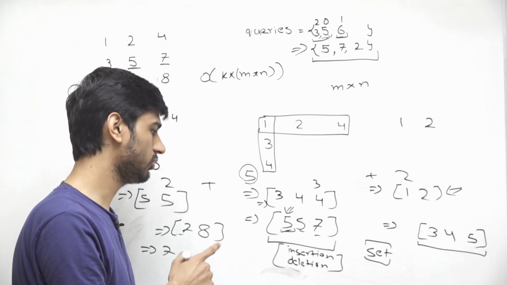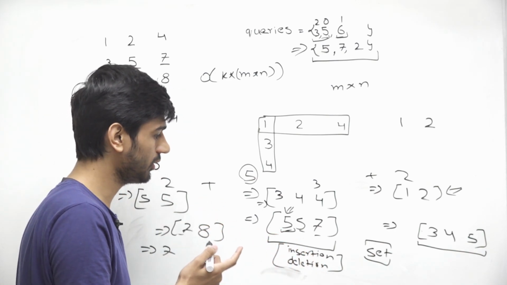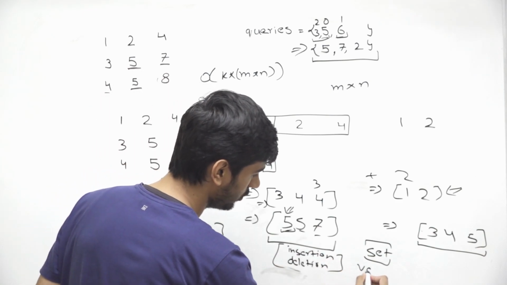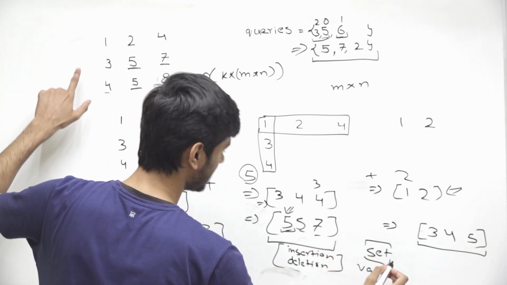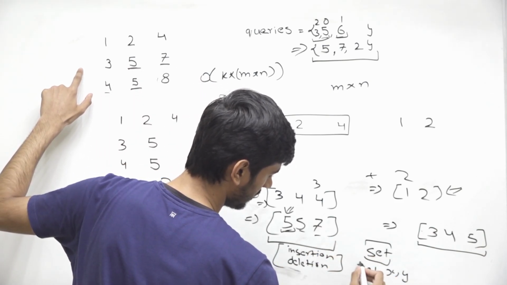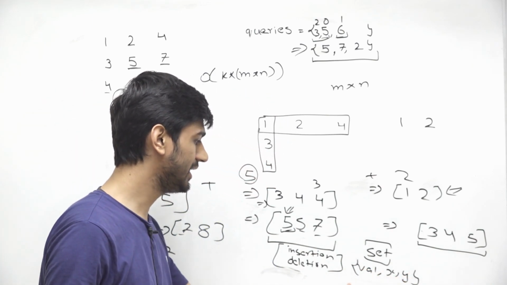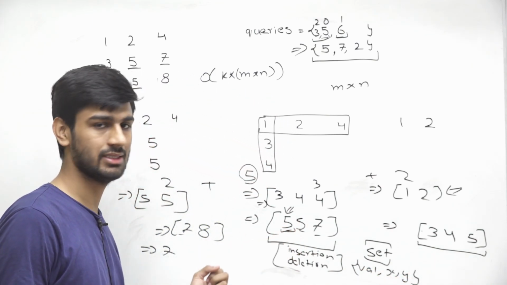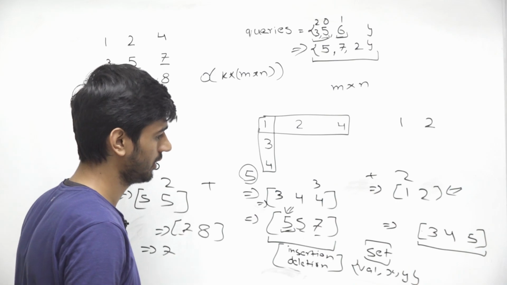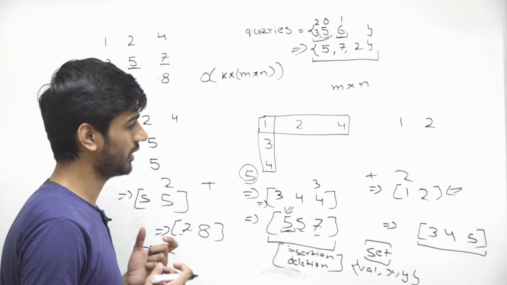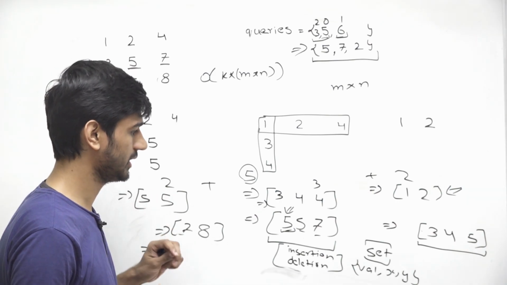So either you can try to use multi-set, or what you can do is you can store value comma x and y coordinate. We can store these 3 values as a key in the set so that it will be unique. Okay, now maybe you can pause the video and try to implement this logic.